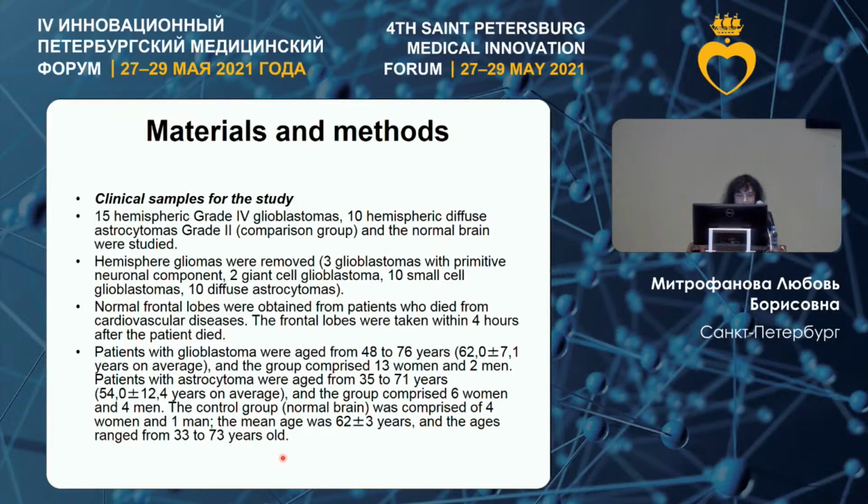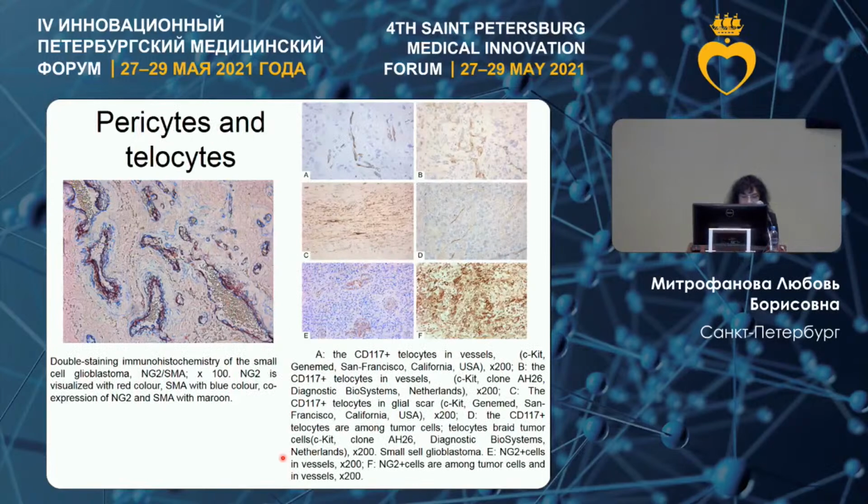We took 15 glioblastomas, 10 hemispheric tumors, etc., and we proved that pericytes are present in glioblastoma. In recent years, we have determined the 5th type of glioblastoma. It's a marker of NG2.